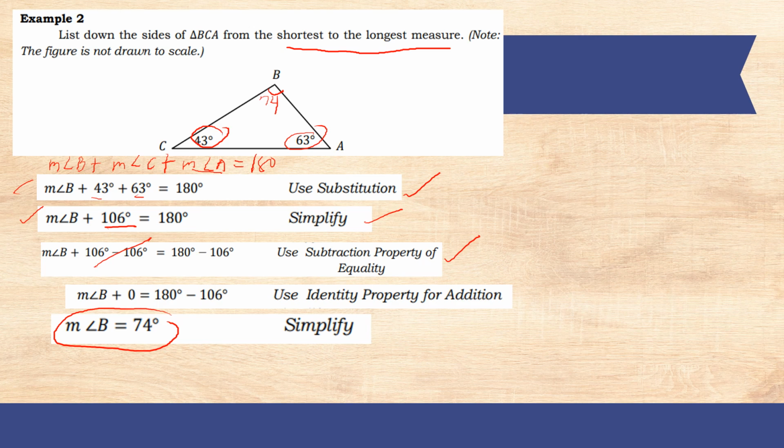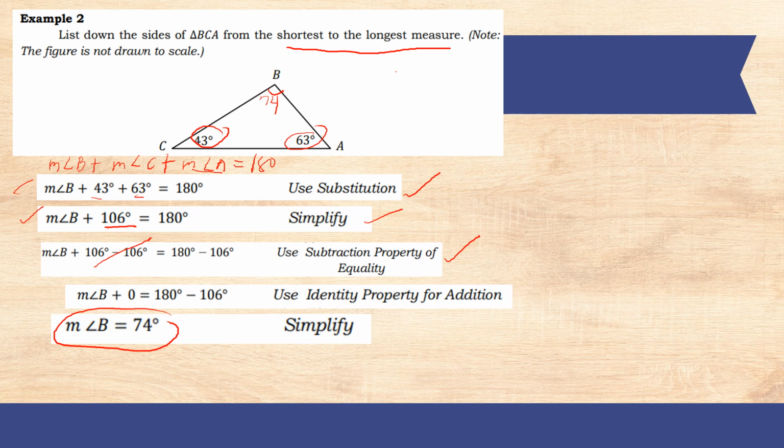This angle B has the greatest measure. It can be concluded that the side opposite of it, which is AC, is the longest.